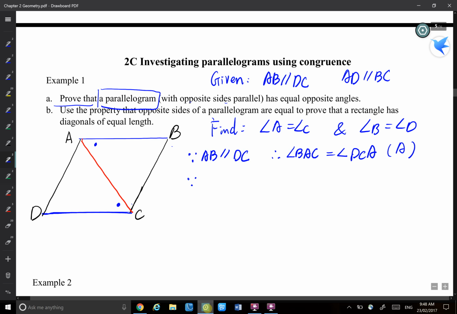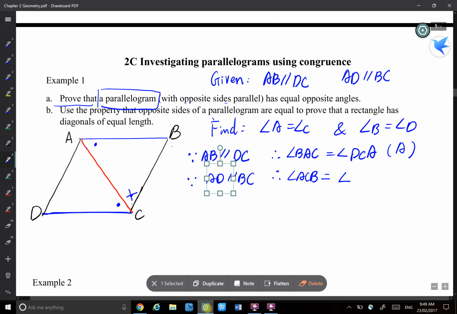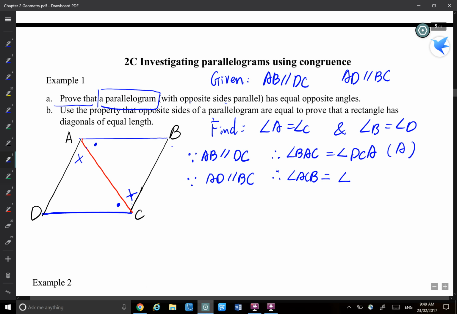For a similar reason, because AD is parallel to BC, since it's a parallelogram, you will have angle ACB equals this angle here, CAD, because of alternate angles as well.